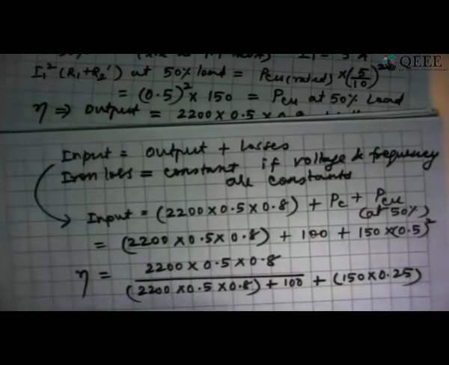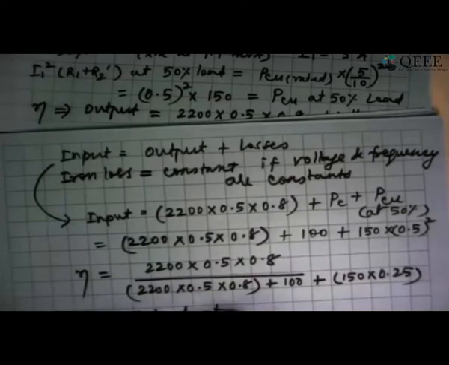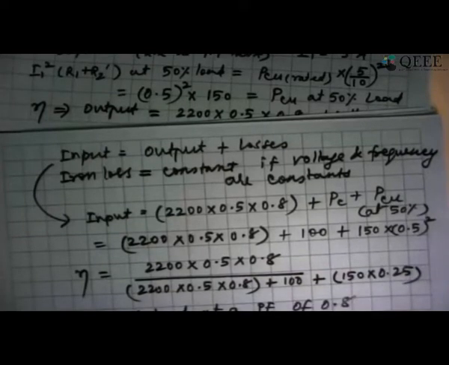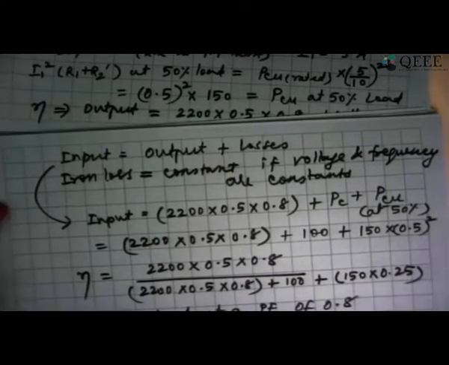I hope this is coming out to be 86% or whatever many of you have written. So this will be the efficiency of the transformer at 50% load at a power factor of 0.8.